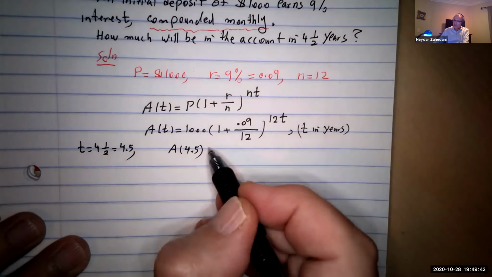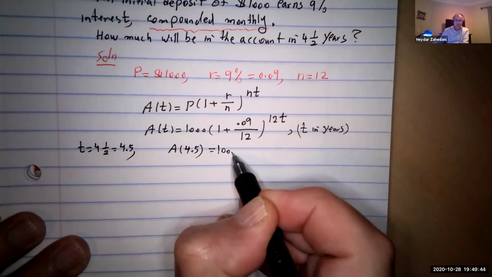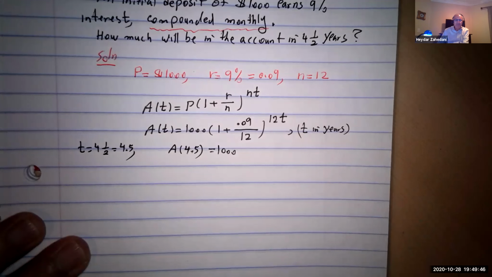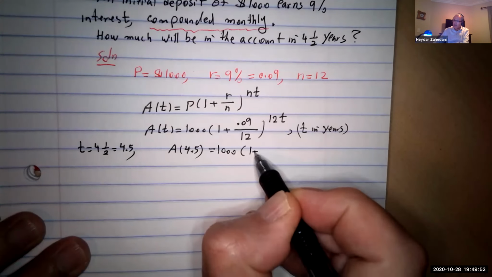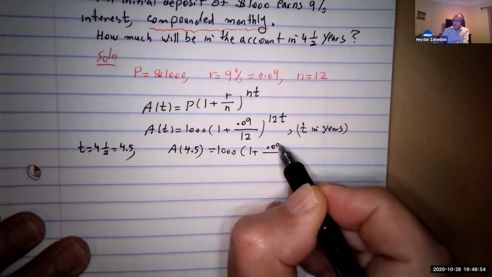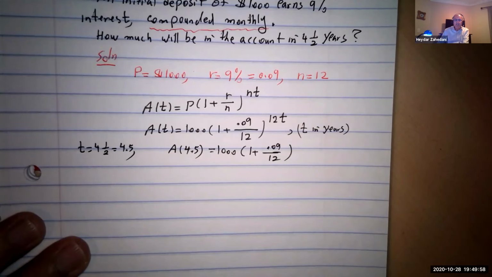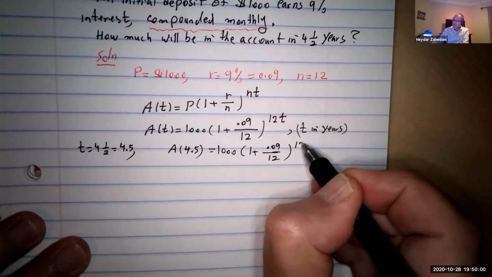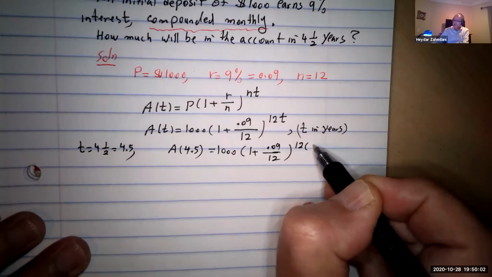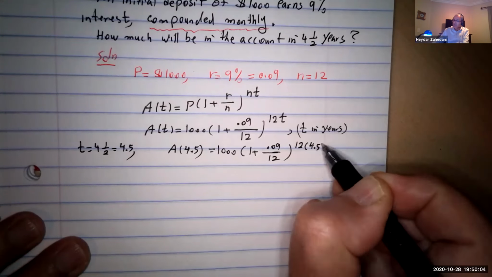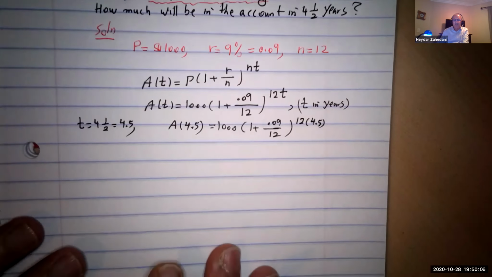You substitute, and that gives you 1000 times 1 plus 0.09 over 12, raised to 12 times 4.5.